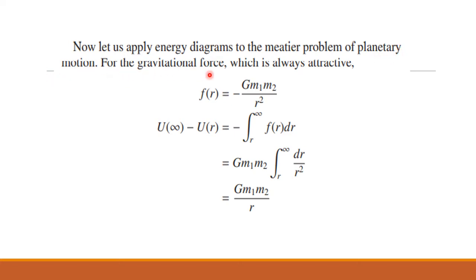We know that for a gravitational force, the equation is F(r) equal to minus G m1 m2 by r squared, which is always attractive since it is a negative term. Now, what is the potential energy associated with it? It is given by U(infinity) minus U(r) equal to minus the integral from r to infinity of F(r) dr. On substituting F(r), you get G m1 m2 by r.